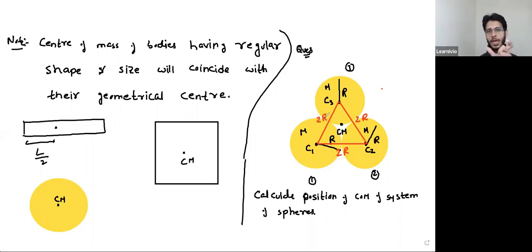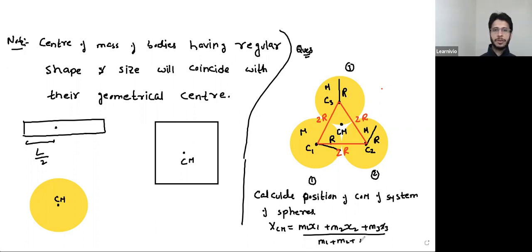So separation between any 2 points is 2R only. And mass of each sphere is m. You can easily calculate the position of center of mass. The x coordinate is m1 x1 plus m2 x2 plus m3 x3 by m1 plus m2 plus m3.